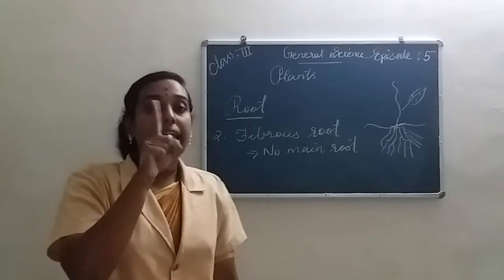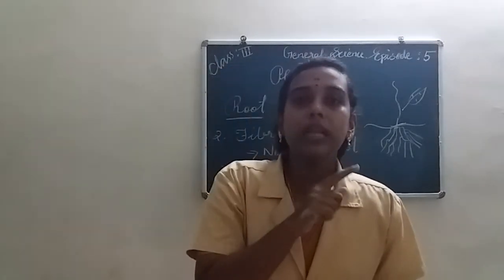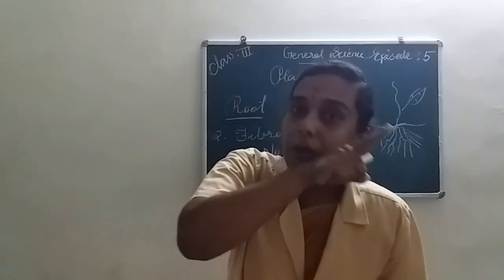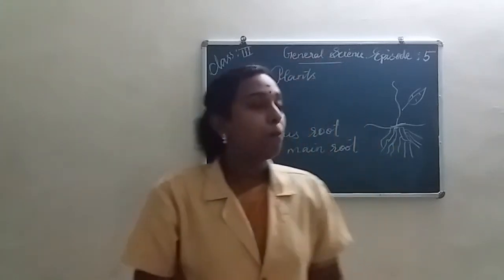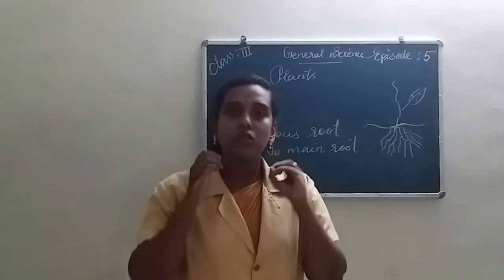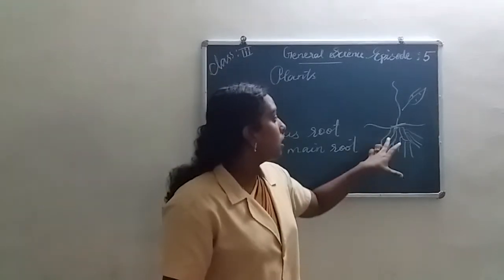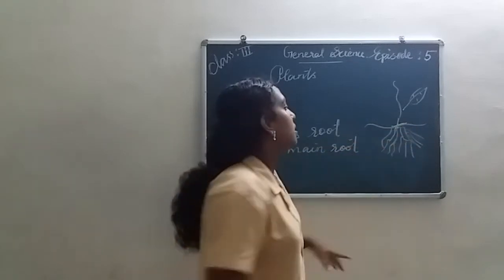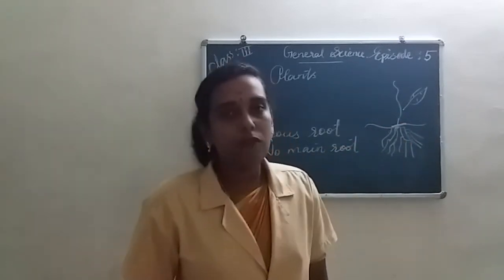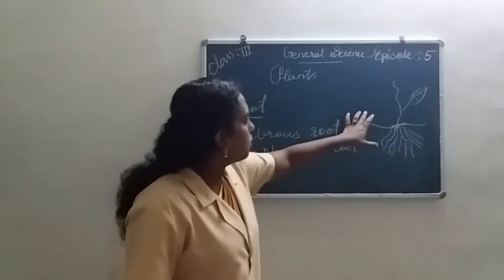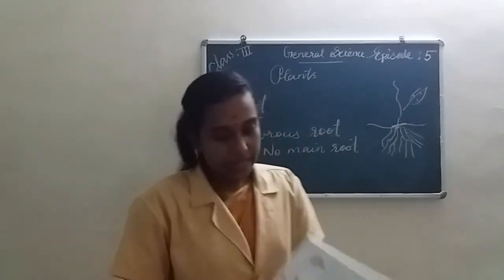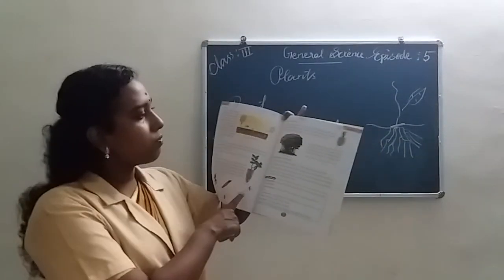In taproot there is a main root and many small roots come from the main root. But in fibrous root there is no main root, and many small roots come from the base of the plant. Examples of these two plants are already given in your textbook, page numbers 142 and 143.